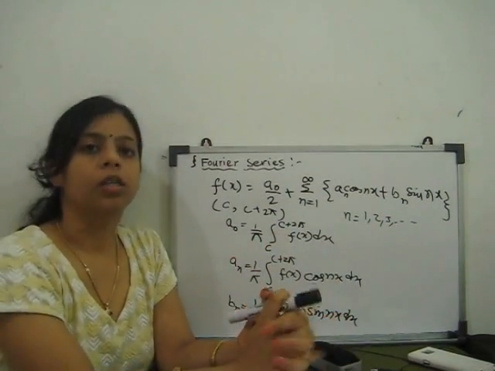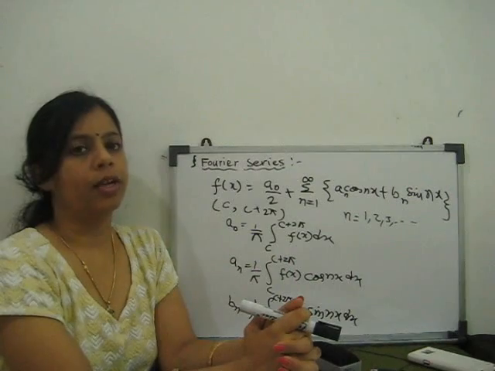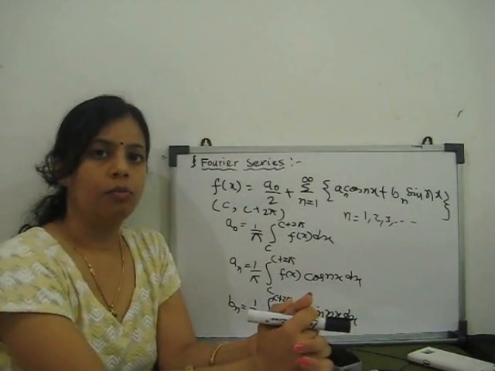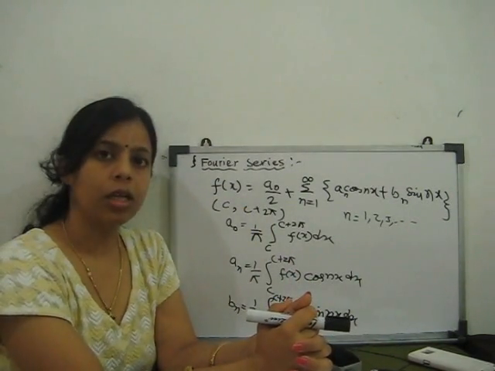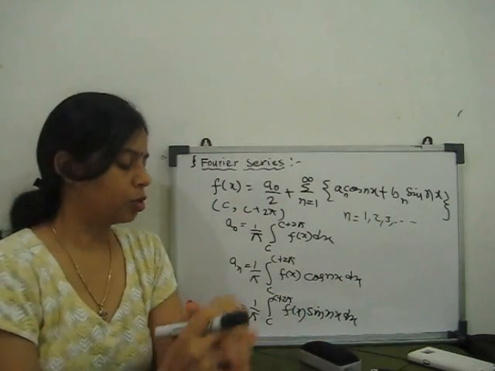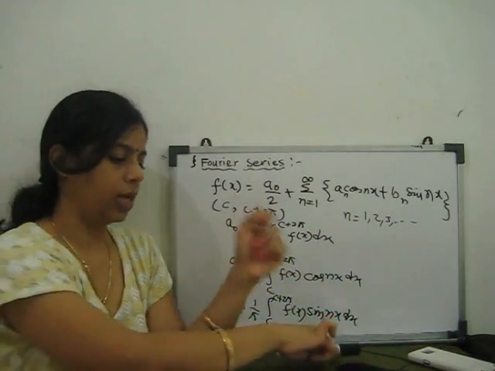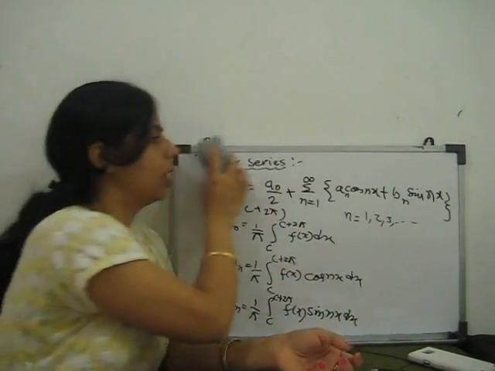Now we go for some examples of how to convert a function into Fourier series form. I will explain two examples.